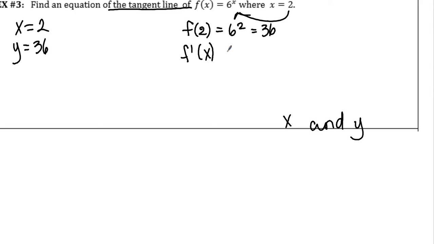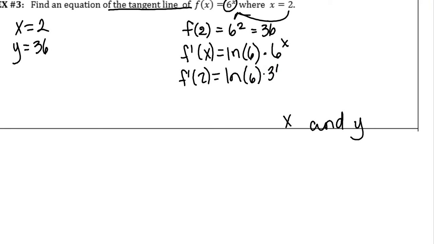So remember, to take the derivative, it is the natural log of 6 times the original function. So that right there is the derivative. And then I need to plug in my x. So what I have is f prime of 2 is the natural log of 6 times 36.